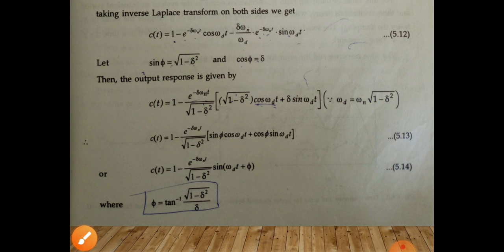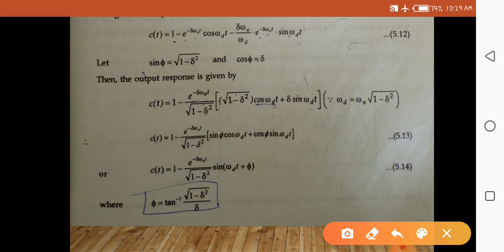Now taking the inverse Laplace transform on both sides, we get C(t) equals 1 minus e raised to power minus delta omega n t cos omega d t minus (delta omega n upon omega d) e raised to power minus delta omega n t sin omega d t.